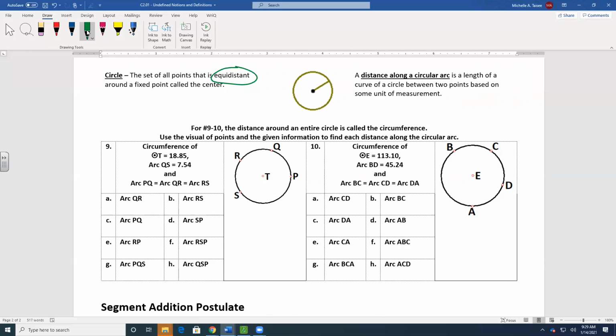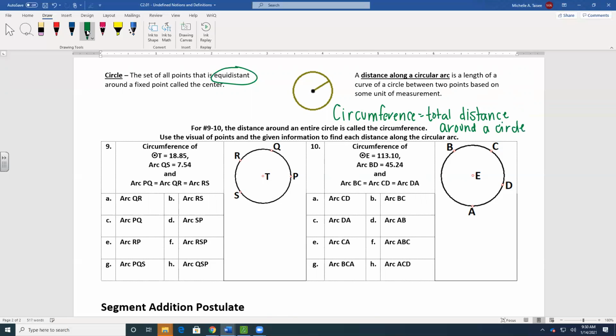All right, so the distance along a circular arc is the length of a curve of a circle between 2 points based on some unit of measure. What do I call the entire distance around a circle? The circumference. So the circumference is the total distance around a circle.